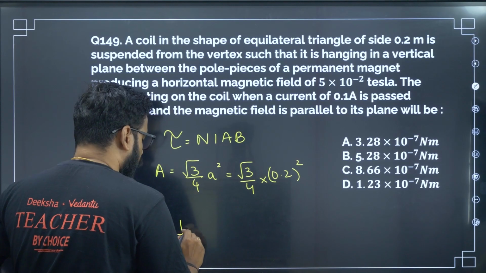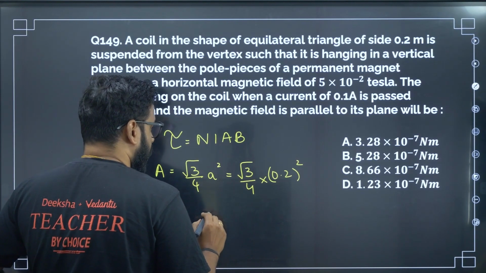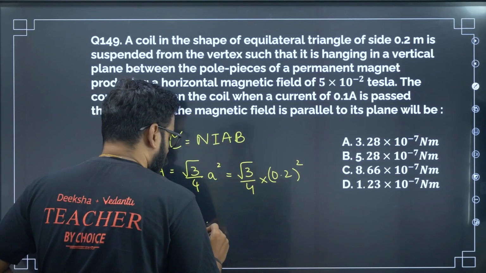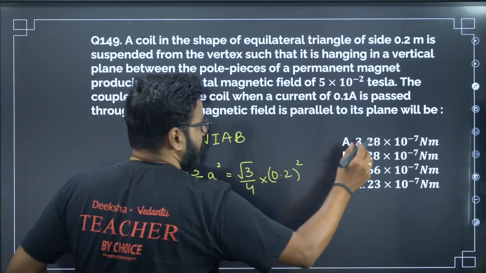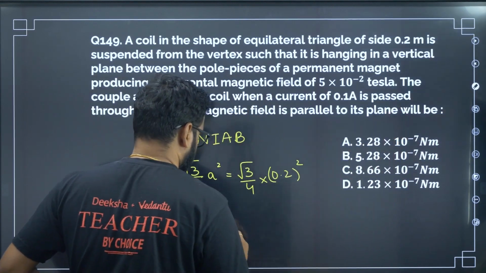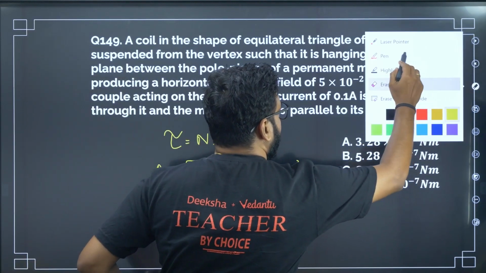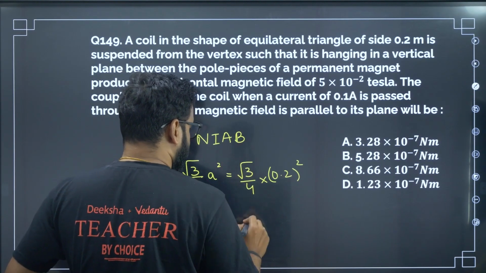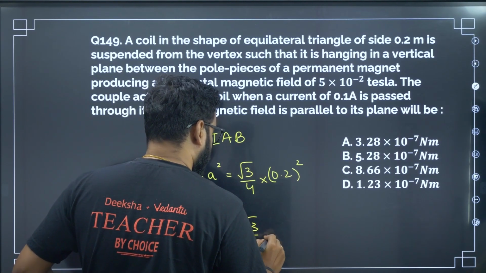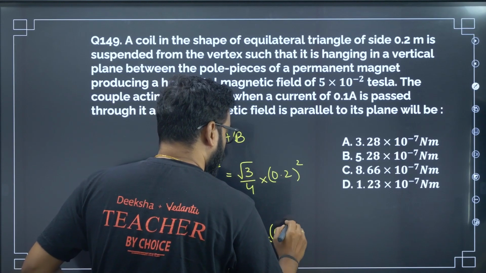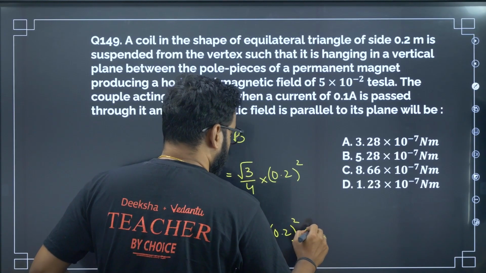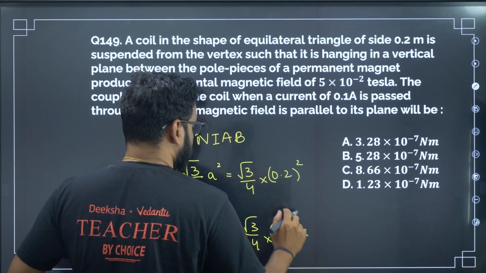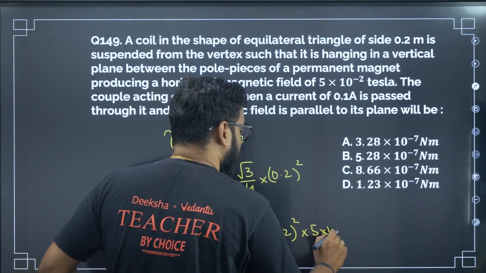N is equal to 1, and current is given as 0.1, into area root 3 by 4 into 0.2 whole square, into the last thing, the magnetic field, 5 into 10 to the power minus 2.